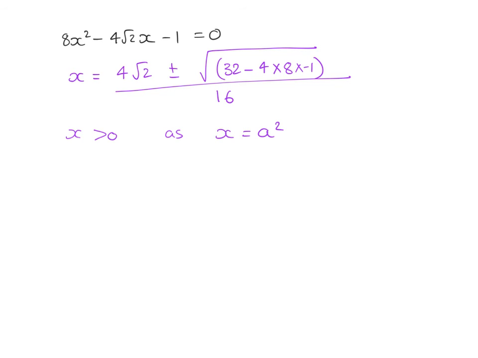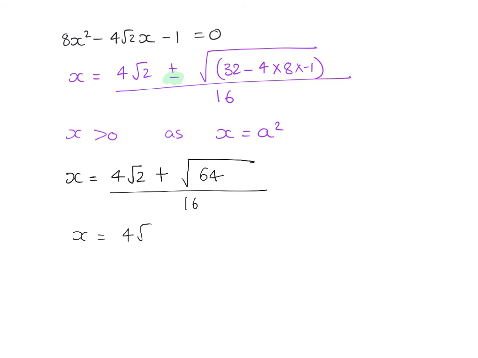So that then means we can reject the subtraction element of the calculation, and x is equal to 4 root 2 plus the square root of 64 all over 16. So let's keep simplifying. x equals 4 root 2 plus 8 all over 16.